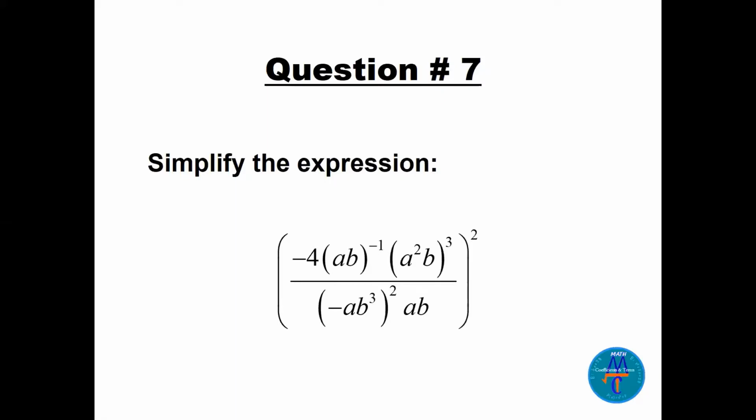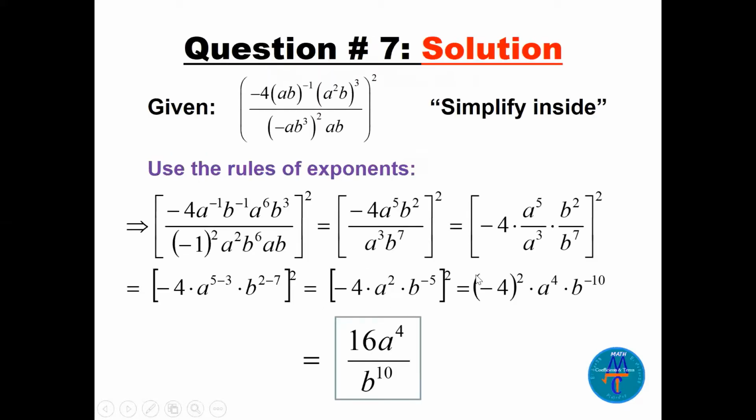Now AB power minus 1 means A minus 1, B minus 1. A squared cubed. So I advise you to do the inside powers first, then you can distribute the power outside. I think that's better, yes. So let's simplify here. Inside, use the rules of exponents. So there is a minus 4, A minus 1, B minus 1.